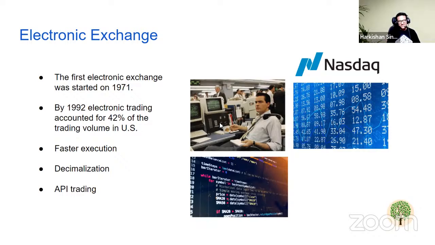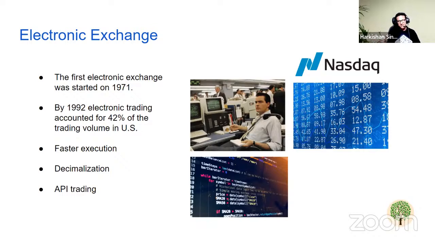You can see that this is one of my favorite movies, Wall Street. You can see an IBM machine sitting here, and he can punch in the order and it goes to the exchange and gets executed. Before that, you had to call the broker and shout that you need these stocks at this quantity at this price.